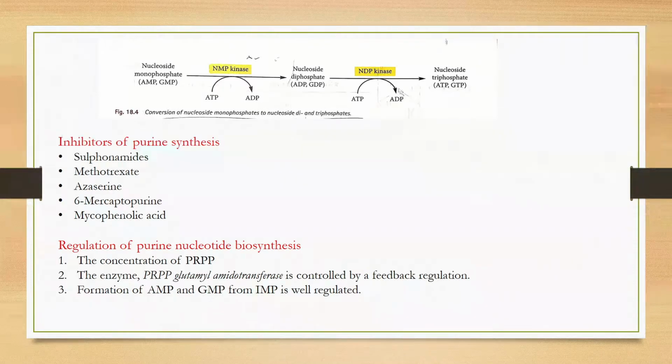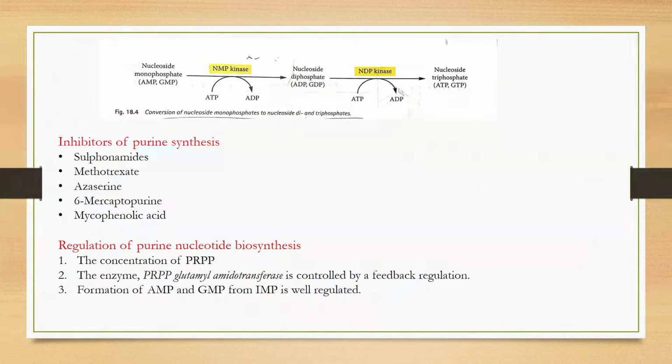Definitely purine synthesis is impaired, and nucleic acids, finally DNA and RNA synthesis, are also blocked. These antibacterial drugs have no ill effects on humans because folic acid is not synthesized by humans but is supplied through the diet. So humans are not affected, while bacteria synthesize folic acid and they are affected.